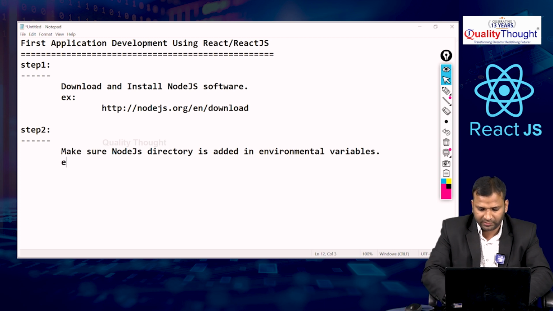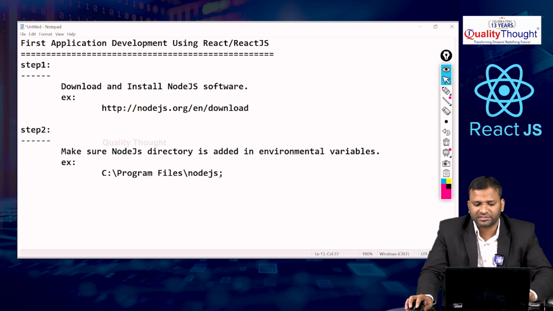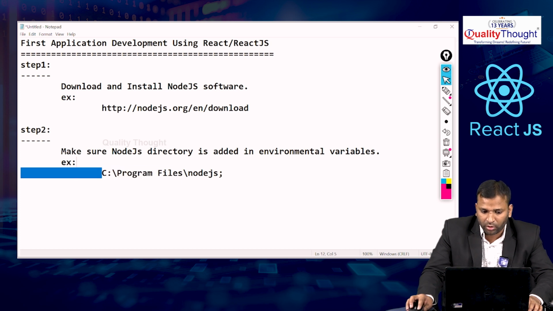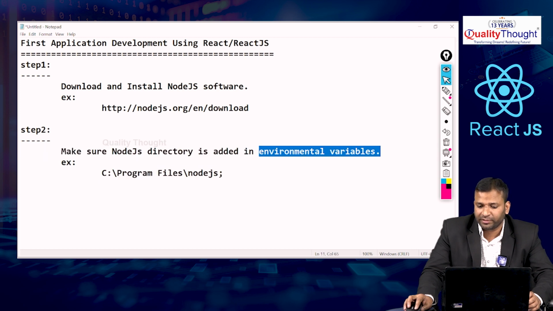Remember, the location of Node.js is called the directory, and every directory must end with a semicolon. You need to copy this directory and keep it in environmental variables.